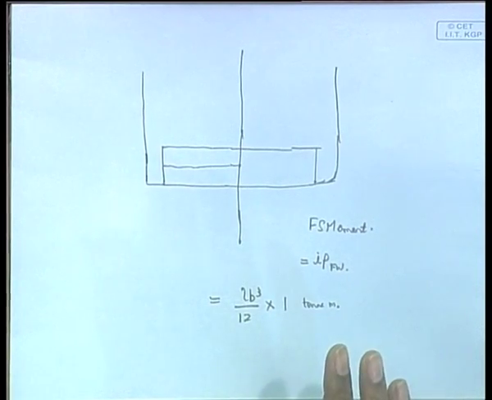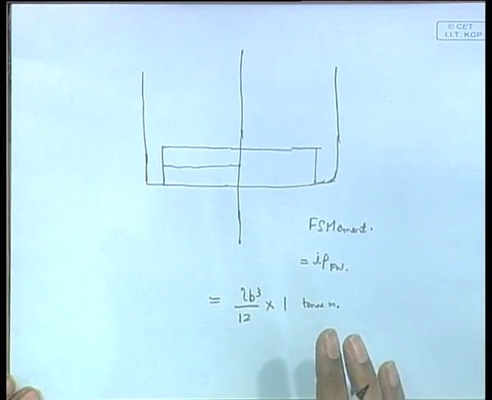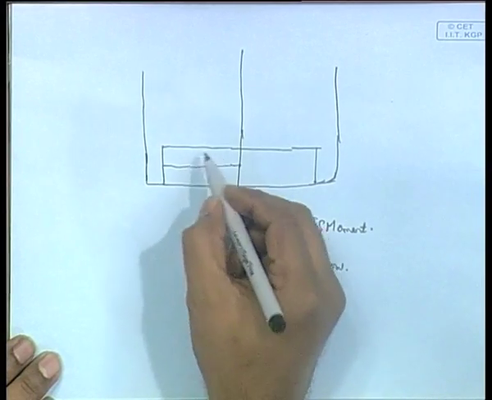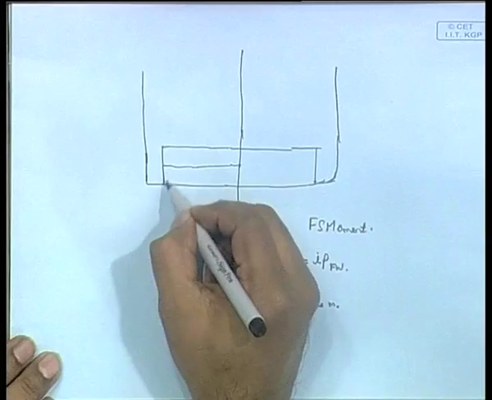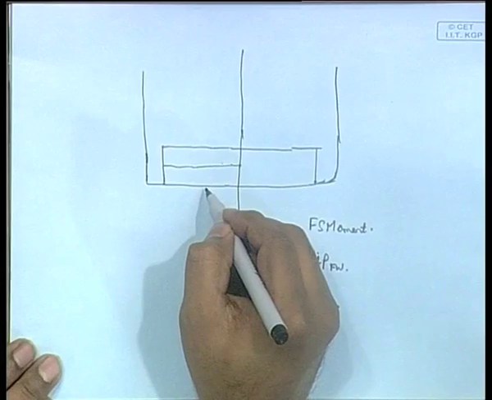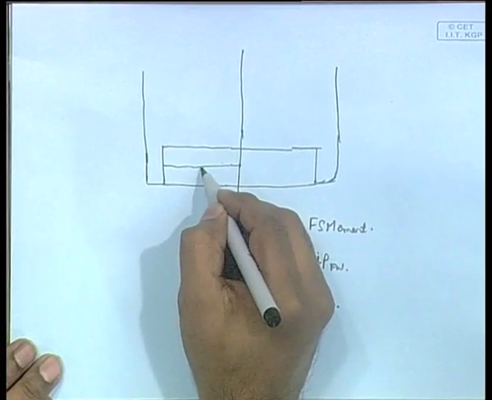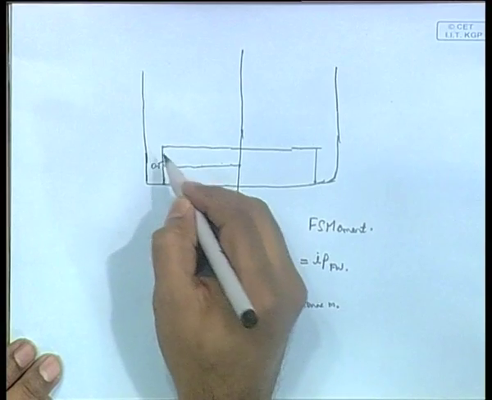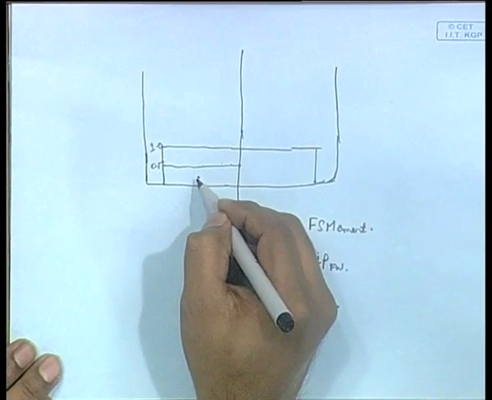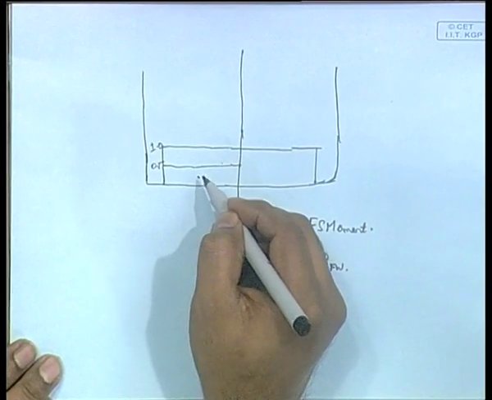Only one slight thing: if you are finding the KG for the water transferred, most people have done it wrongly, in fact. See, this is the water, right. So water is removed from here, not from here. Almost everybody has taken the Cg of the water removed to be at 0.25, with this at 0.5 and this at 1.